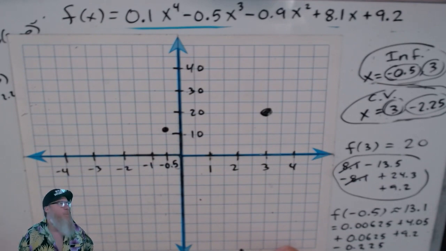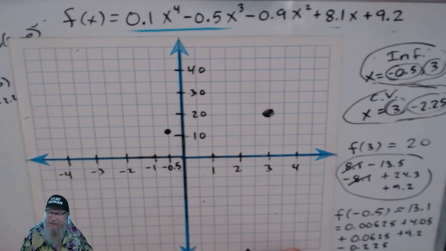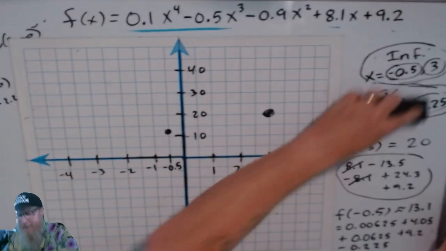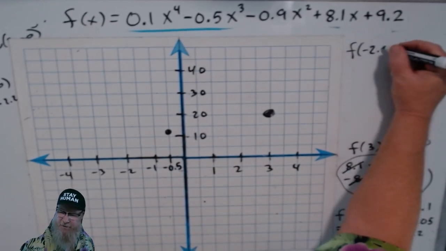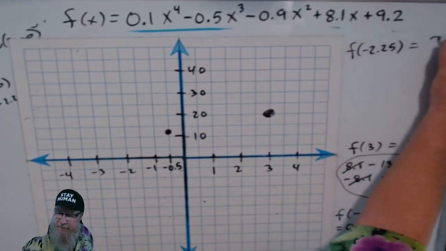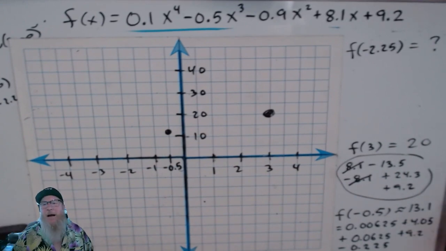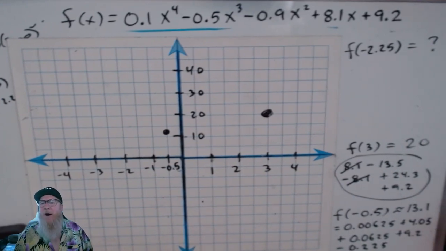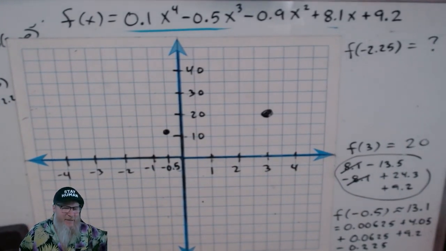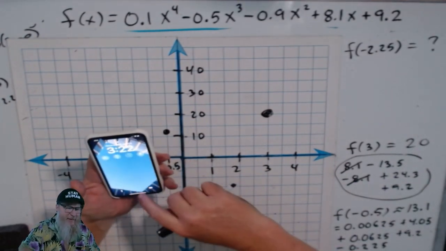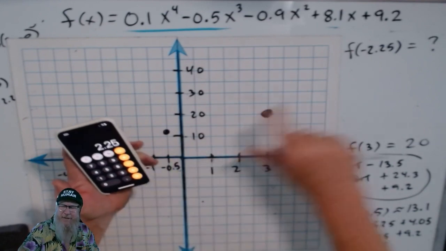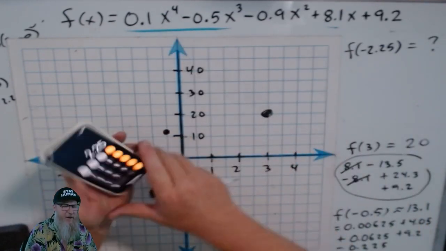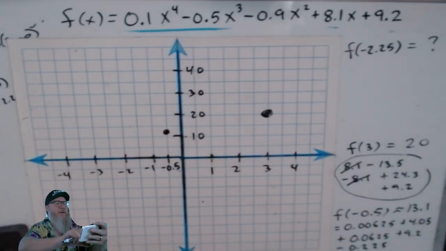All right, we got one more point. Negative 2.25. Oh, gosh. One more point. So we got f of negative 2.25. This is why I don't do the y values on every problem, right? Only on the ones that insist upon it. So we got 2.25. Doesn't really matter that it's negative because the power is the fourth power.